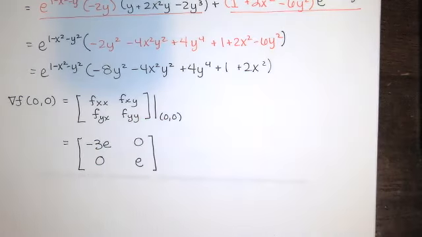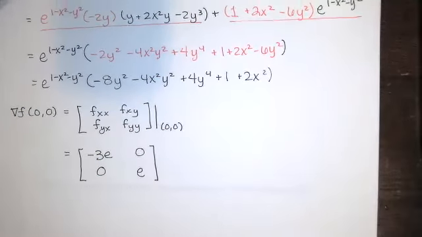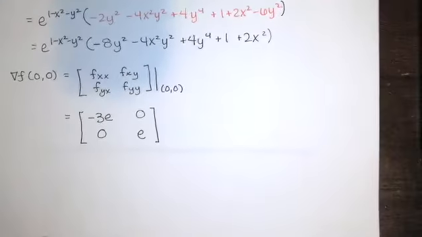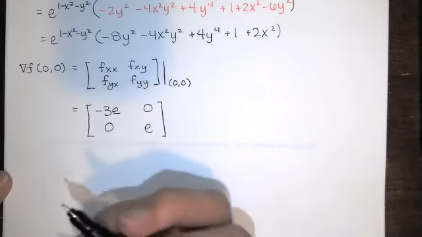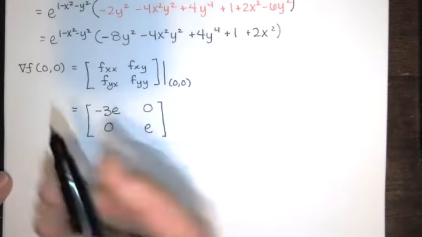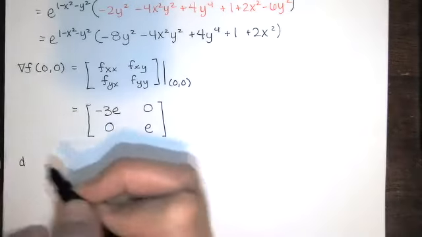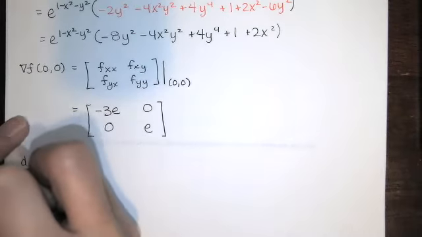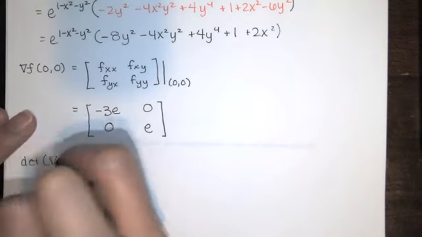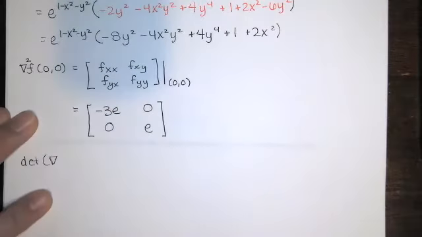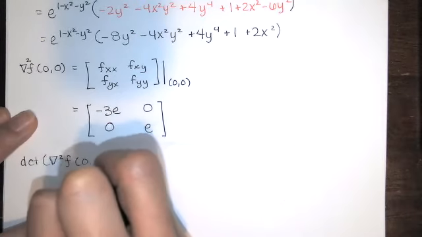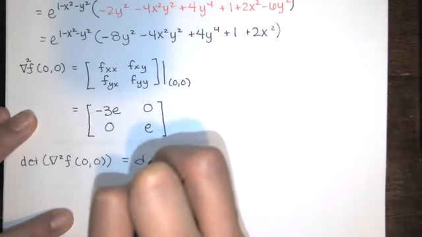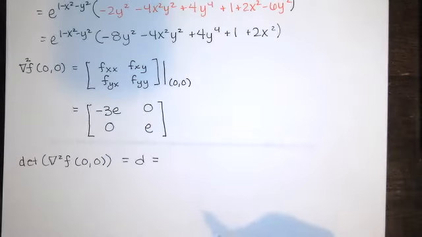Okay. Now, if you want to determine whether 0, 0 corresponds to a minimum or a maximum, you have to take the determinant of this matrix. So the determinant of the Hessian, oops, that should be del squared f, sorry about that, at 0, 0 is typically denoted D. It's denoted D in our textbook.